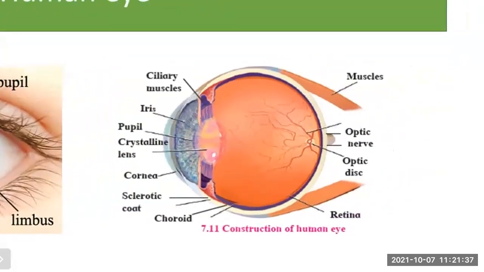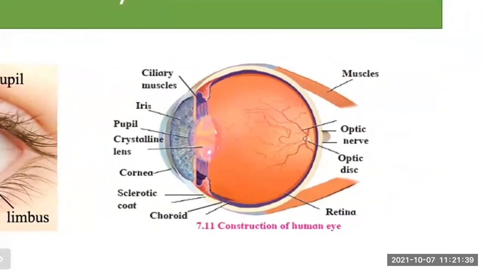You can see the optic nerve over there. So these signals are conveyed to the brain through the optic nerve. And later on, the brain analyzes these signals. The brain will analyze that signal and convert it in such a way that we perceive the object as it actually is. Got it? So the interpretation takes place over there.